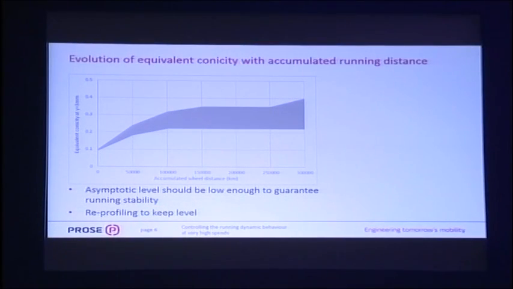And above 250,000 kilometers, the equivalent conicity starts to increase. These are figures which we have from high-speed operation. And to keep this equivalent conicity, you only have one option: you have to reprofile your wheel.